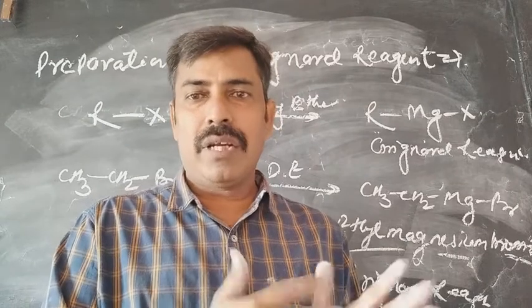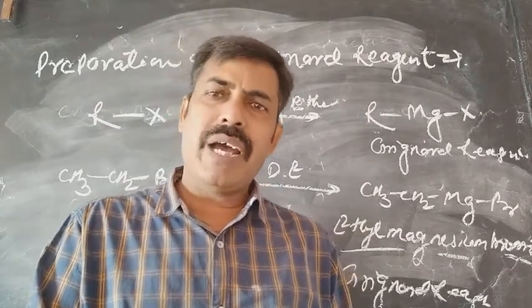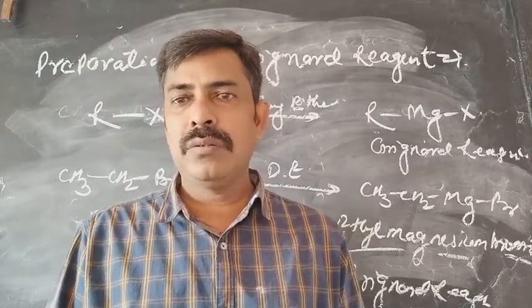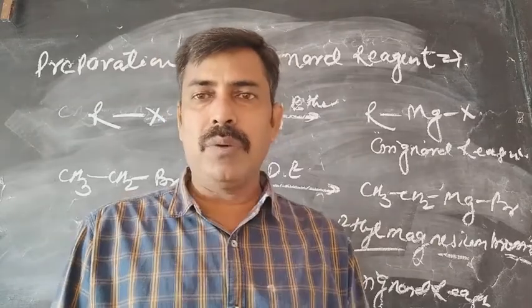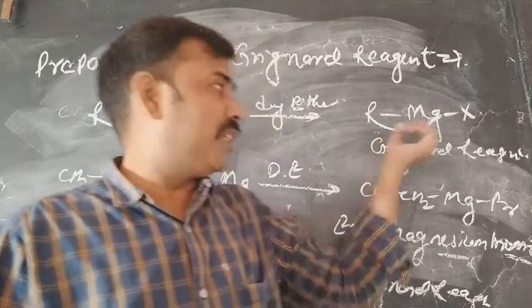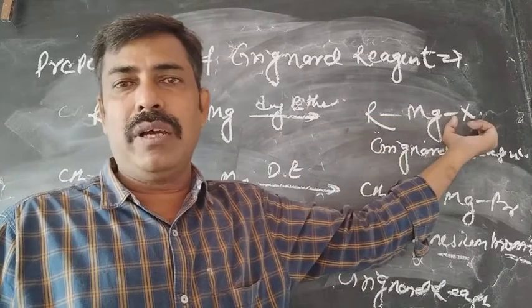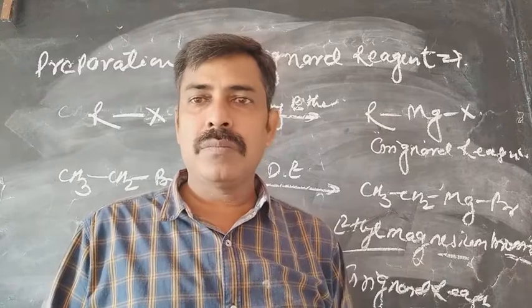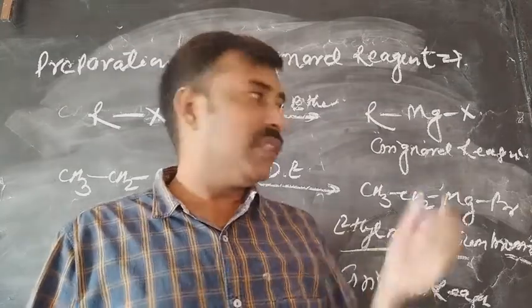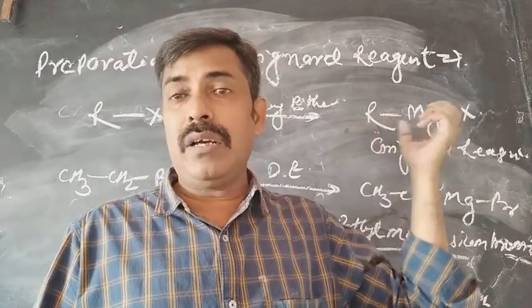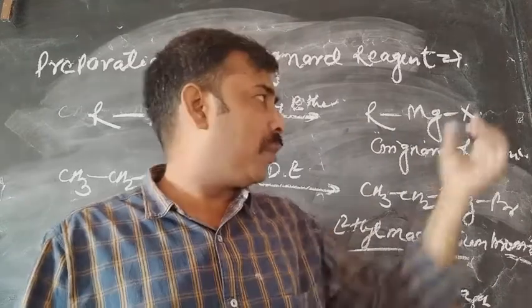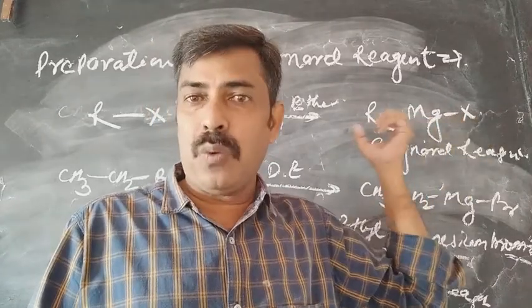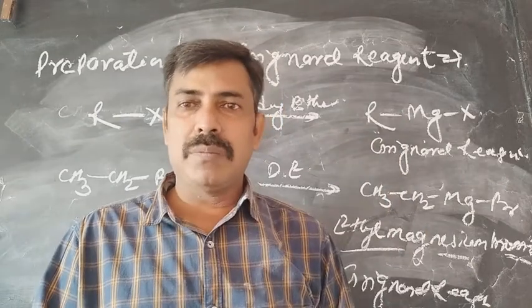Now, why is Grignard reagent so important? When you see the nature of the compound, the magnesium is attached with one alkyl group and one halogen. Surely with the halogen, the system has a perfect ionic bond. But with the alkyl, the system has a covalent character. So one bond is perfectly ionic and the second bond is covalent, and that is the uniqueness of the system.